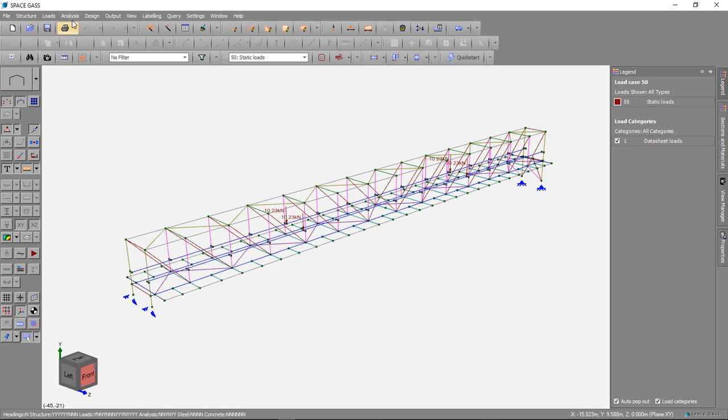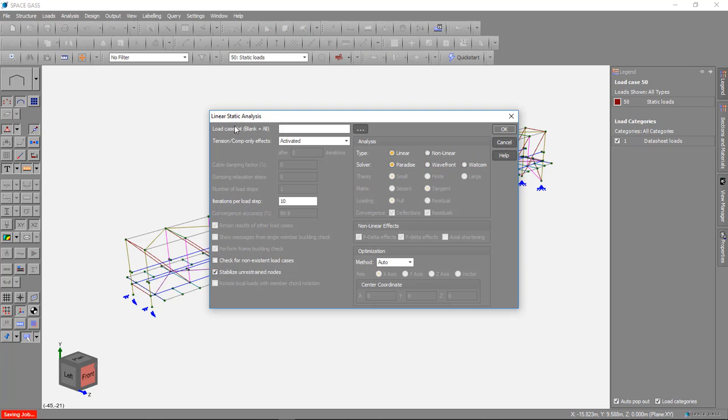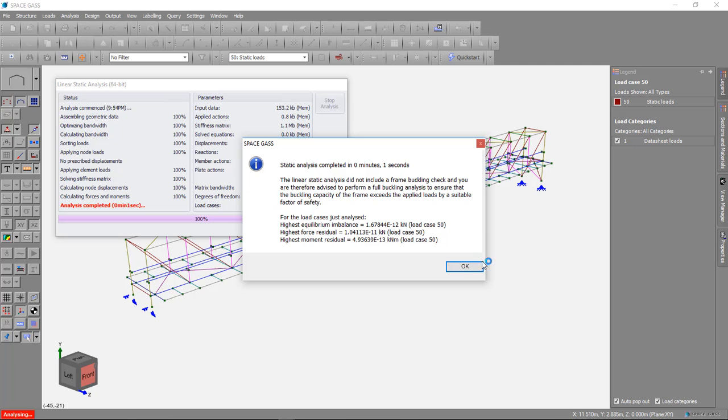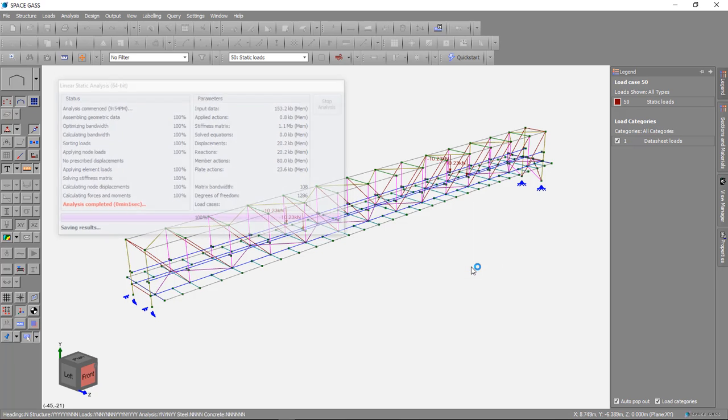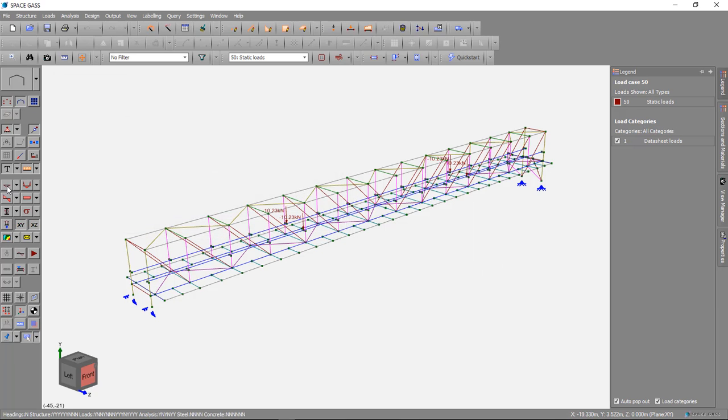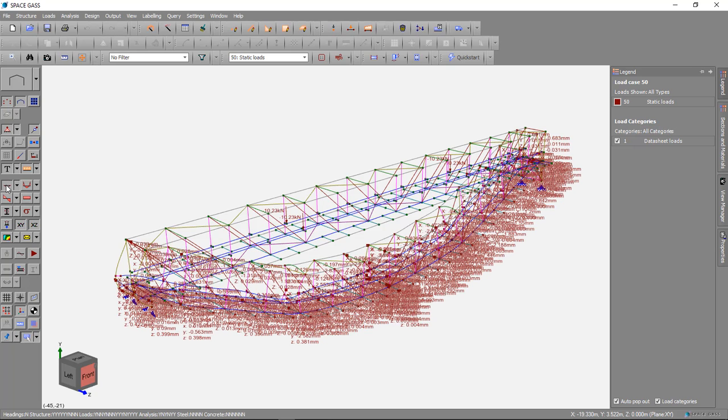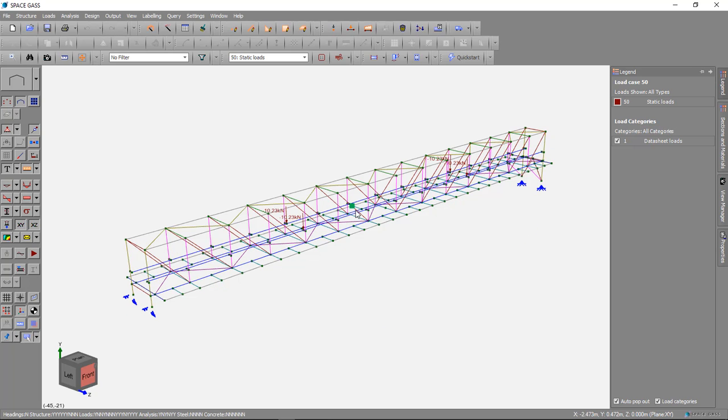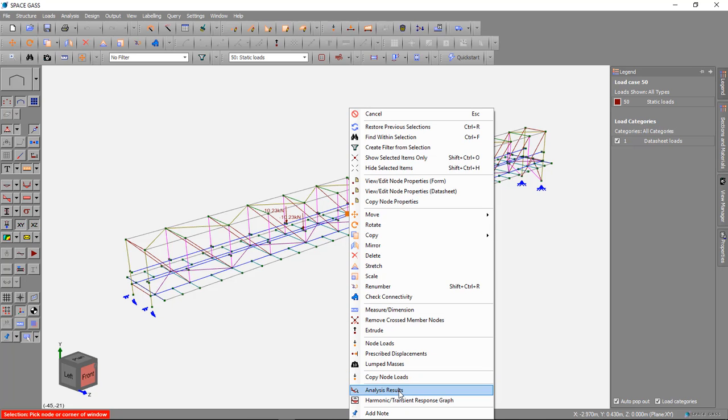And let's actually do that and just compare. So if I do a static analysis of load case 50, and I could show the deflected shape, and maybe just interrogate that same node and look at the results.